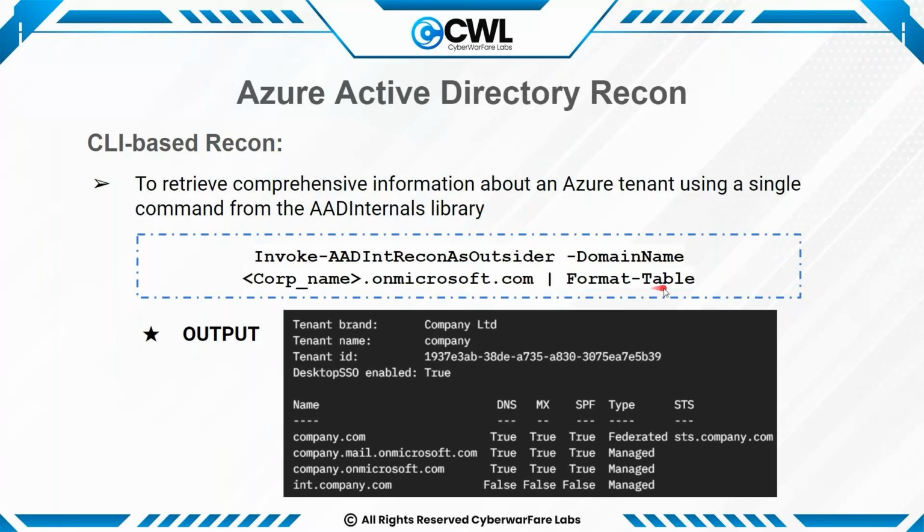So the primary purpose of this command is to perform an outsider's reconnaissance against a specified Azure AD domain. This might include gathering some publicly available information such as basic organizational details, publicly visible users or groups, domain configuration settings, and any other publicly accessible information that does not require any authentication.